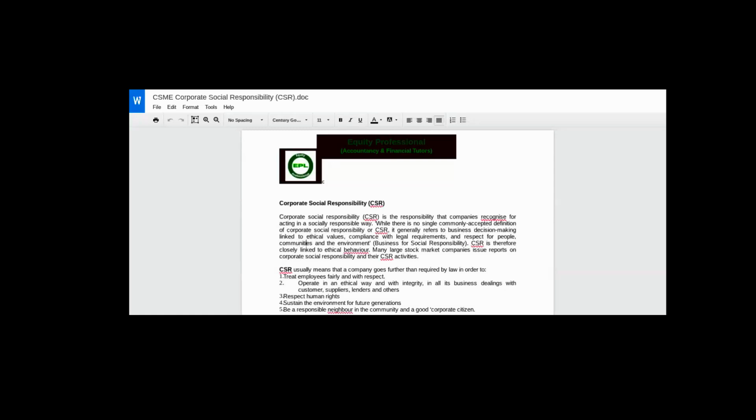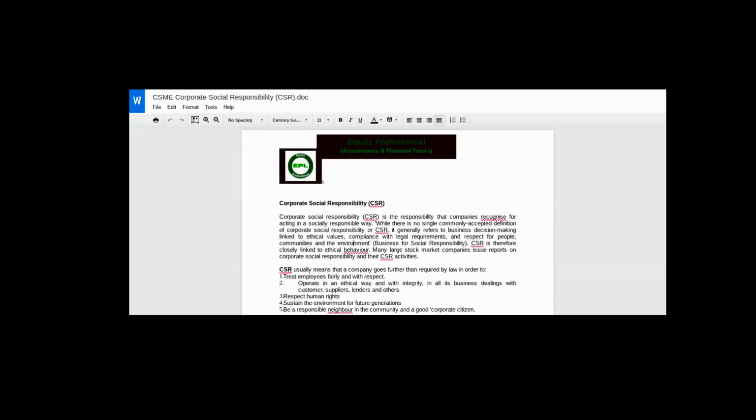So when you look at this definition, it stated that CSR can be generally referred to as a business decision making linked to ethical values, compliance with legal requirements, respect for people, community, and the environment.